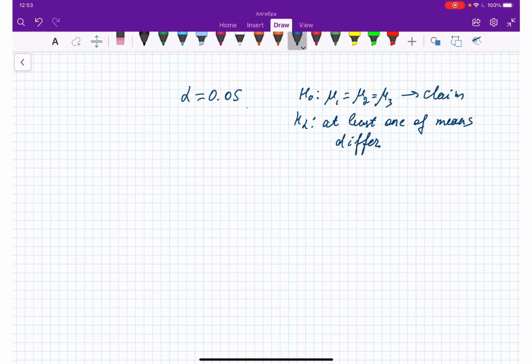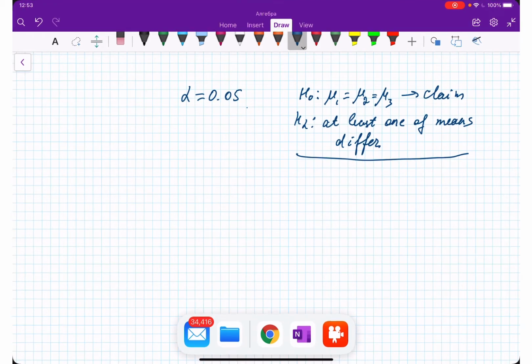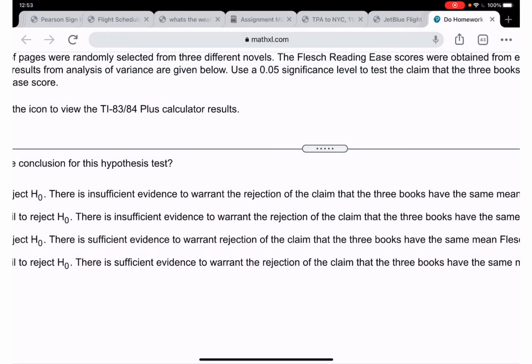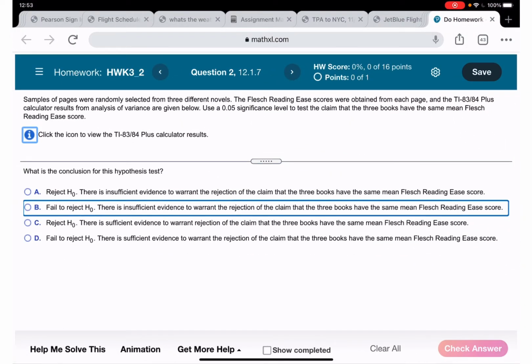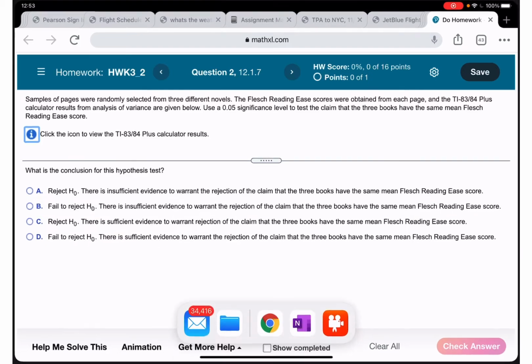I would say that at least one of the means differs. Let's see what we have. Oh, this is asking for the fail to reject. Okay, let's continue.